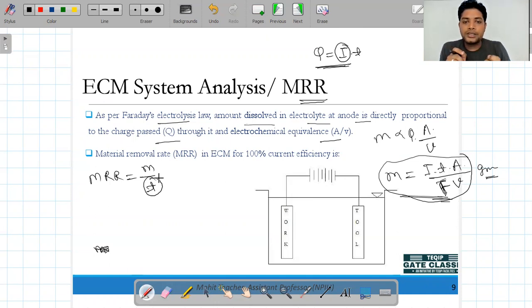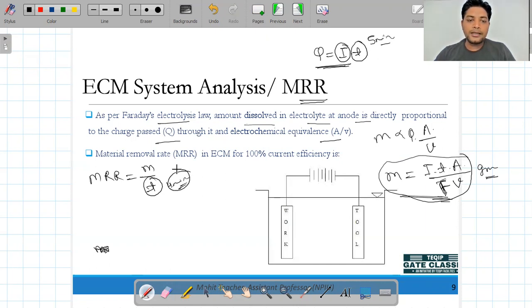Now you can ask one thing, sir, initially we are maintaining a gap and moving toward the workpiece, so obviously the efficiency should be less, and the time should be slightly less. Suppose you supplied current for 5 minutes, and here you are taking only 4 minutes.